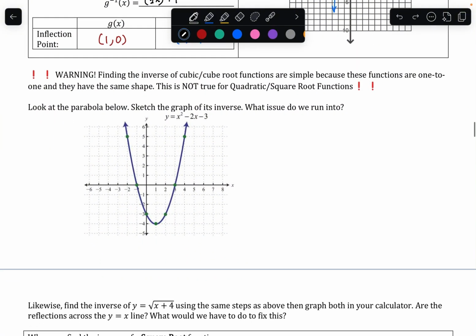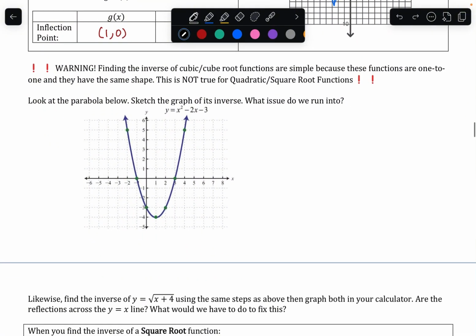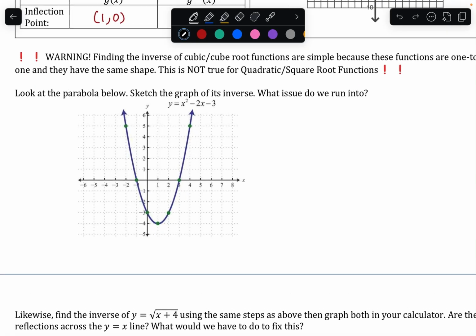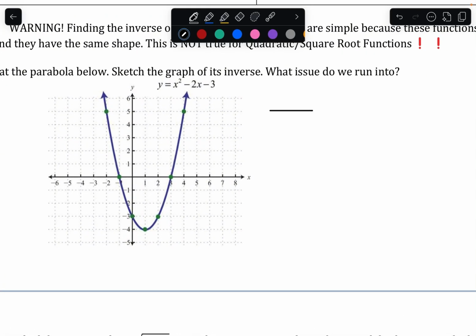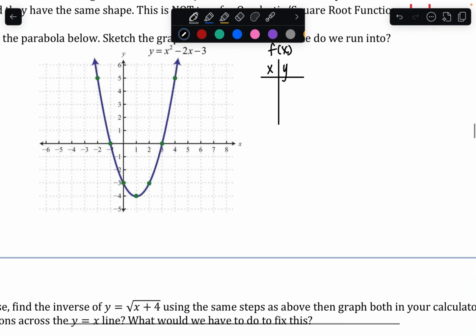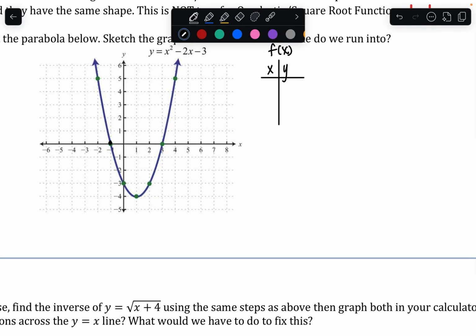So looking at this parabola, we can sketch the graph of its inverse. And the best way to do that is to make a table of points and then just switch all the x and y's for that point. So for my original function, I have the point (-1, 0).